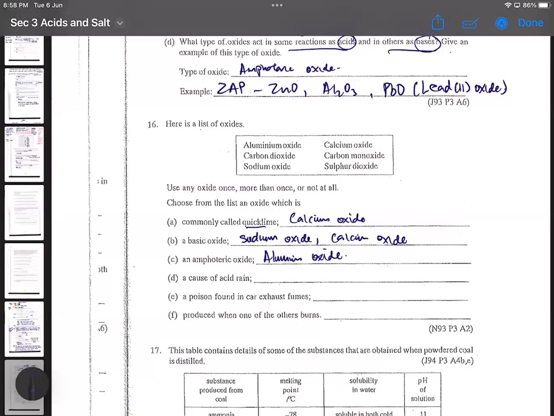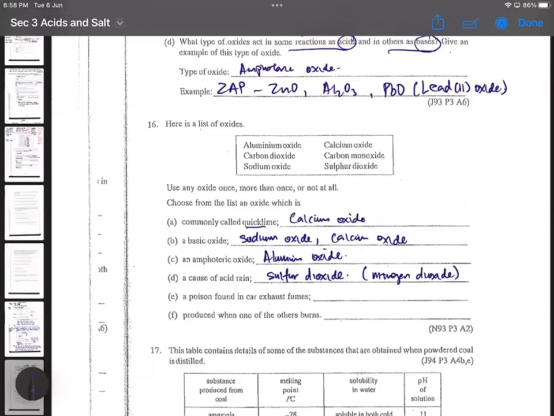This is in one of the later chapters. The gas responsible for acid rain is actually sulfur dioxide. And another one that is not present over here in the list, nitrogen dioxide.